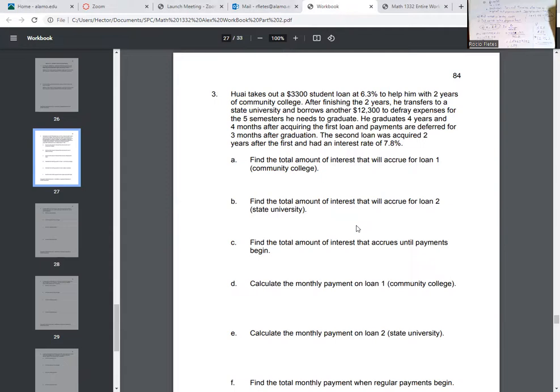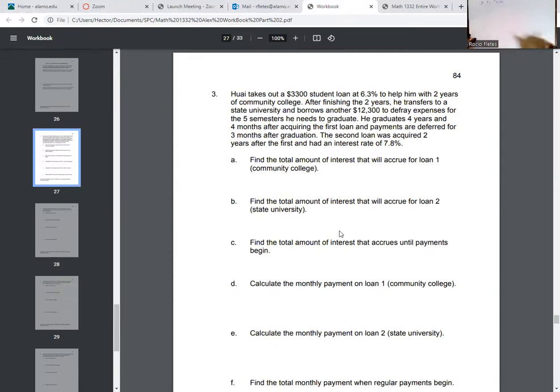Let's read it. Huawei takes out a 3,300 student loan at 6.3% to help him. I better write this down because I know there's going to be a lot of information here. So this is number 3. We know the principal, I'm just going to write P here, is 3,300. This requires that you read very carefully.